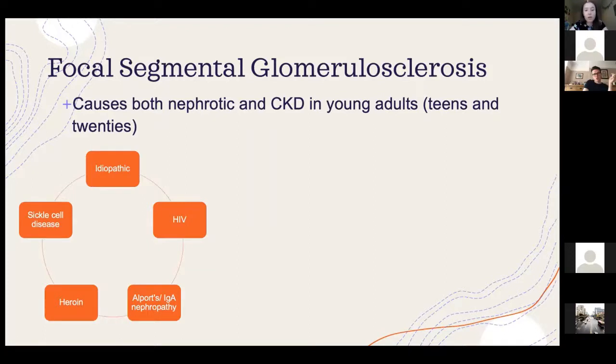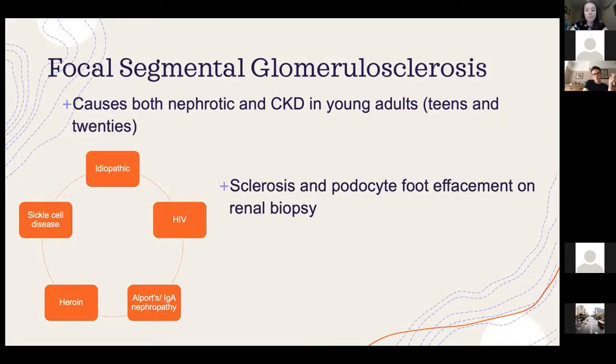So if you have quite a young person with these kinds of risk factors, that's what you'd be thinking of at that point. On renal biopsy, you see sclerosis, which is in the name, and then podocyte foot effacement. And the main treatment for this is just steroids.